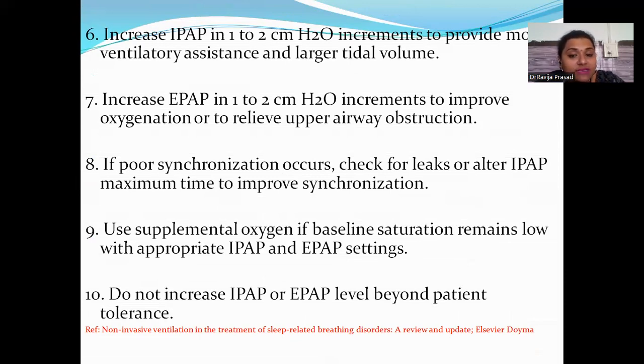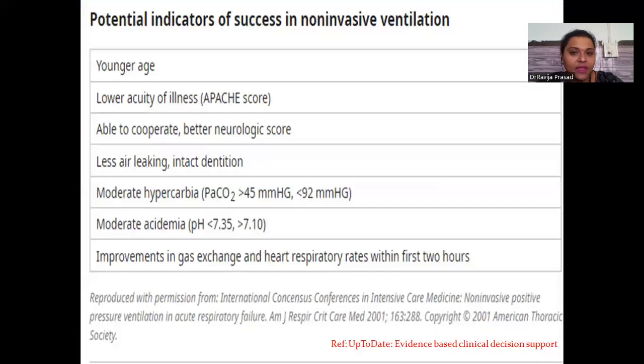If poor synchronization occurs, check for a leak or alter the IPAP maximum time to improve synchronization. Use supplemental oxygen if baseline saturation remains low with appropriate IPAP and EPAP settings. Do not increase IPAP and EPAP levels beyond patient tolerance.